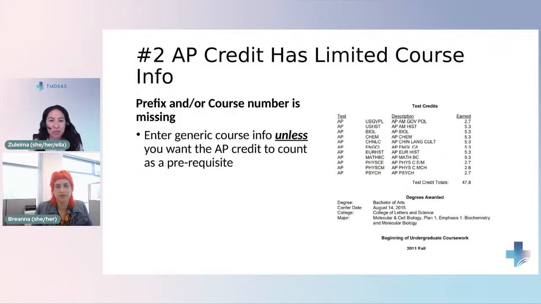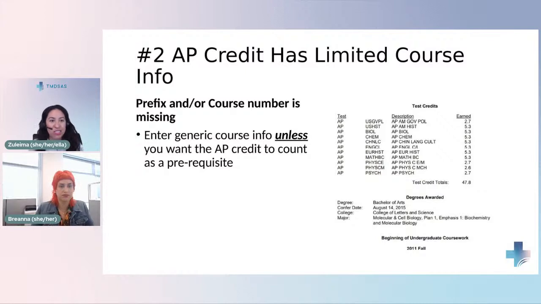If you take this example on the right-hand side, this transcript lists all the AP credits. There seems to be a prefix for most of these courses, such as psych, chem, bio. It has a description which looks like a course title. Earned looks like the credit hours, but it doesn't have the grade or a course number.